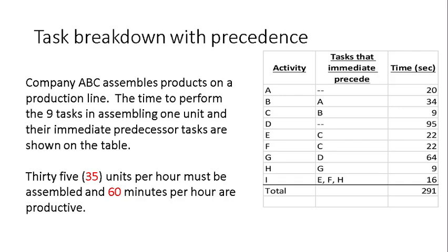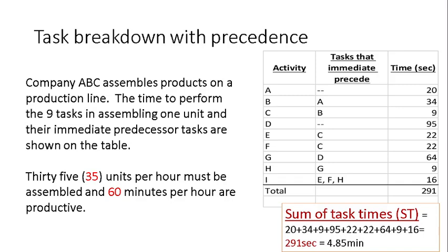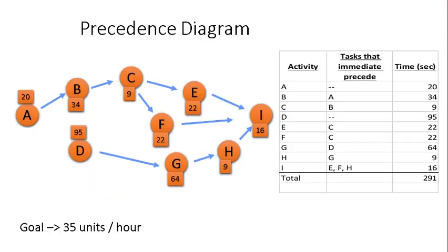Of course, as we said, if we add all those times, we get the sum of task times, which is 291. The next step is to design the precedence diagram to identify how we will assign the tasks into workstations. So in this case, I have designed the precedence diagram following the table.